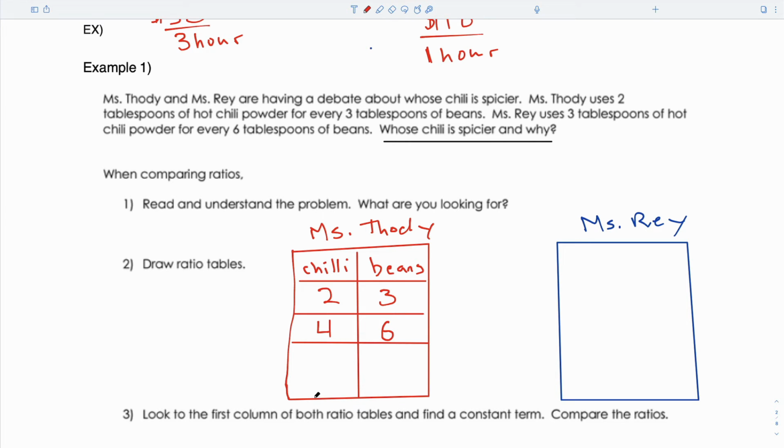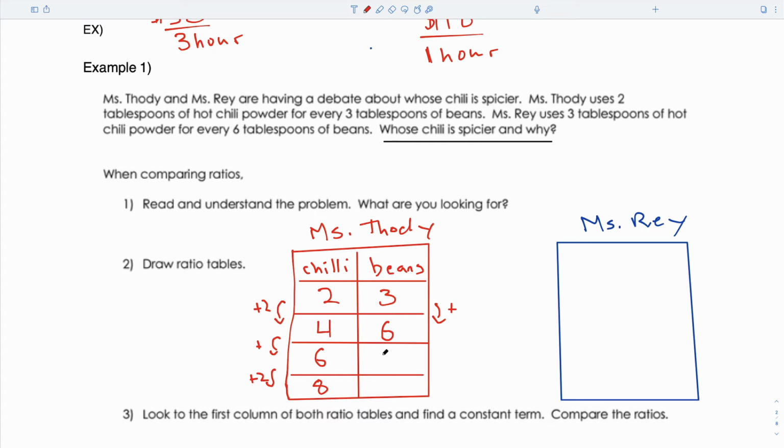So on this left column, we are adding up 2 plus 2 is 4. Then add 2 again. We get 6. Add 2 to 6. We get 8. On this column, we added 3 because we started with 3.